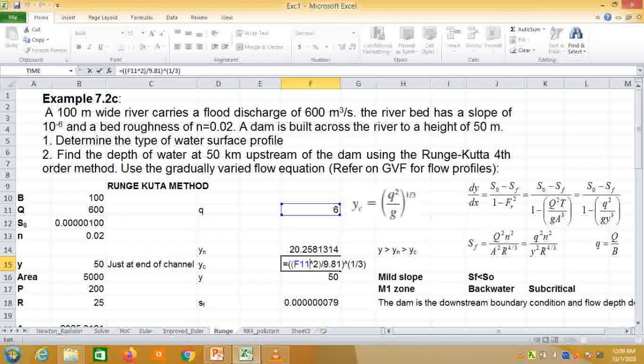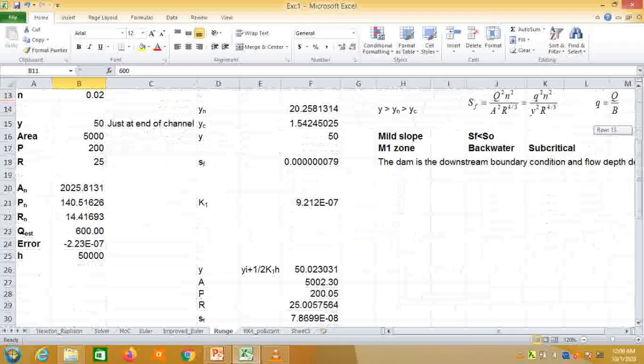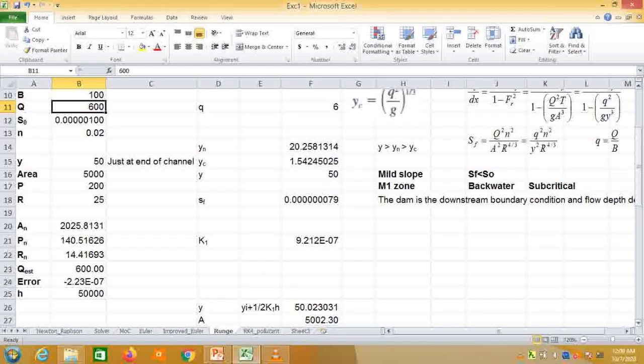The normal depth, in order to be able to deliver this much discharge, you have to calculate iteratively using Newton-Raphson, which we did last time, remember? For an assumed value of Yn, if you give just one depth, then the area is going to be 100 times that depth.